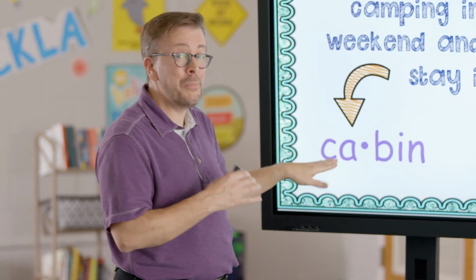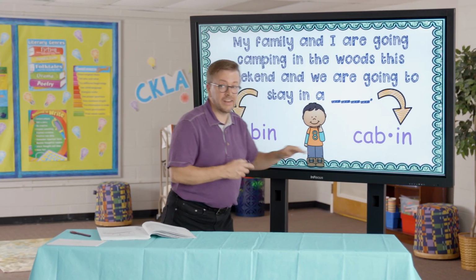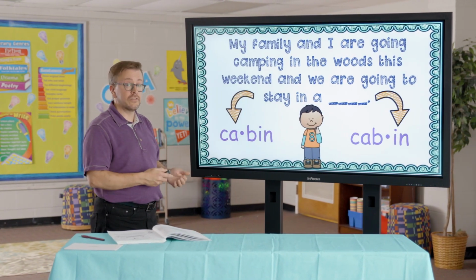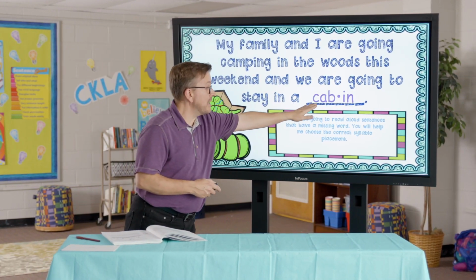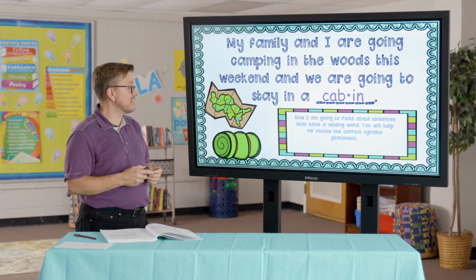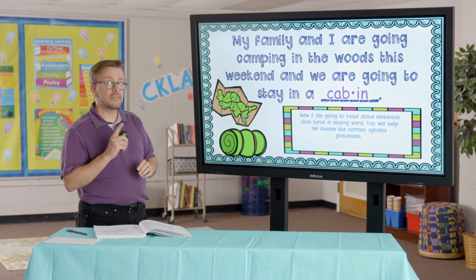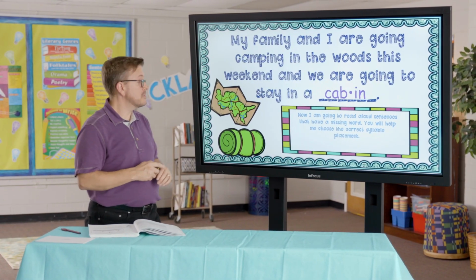Because A could be long A or the A could be short A, depending on how that word is divided into syllables, okay? So there's our example with cabin filled in, and now I'm going to read aloud some more sentences, and I want you to choose the best possible way for this syllable to be placed, okay?